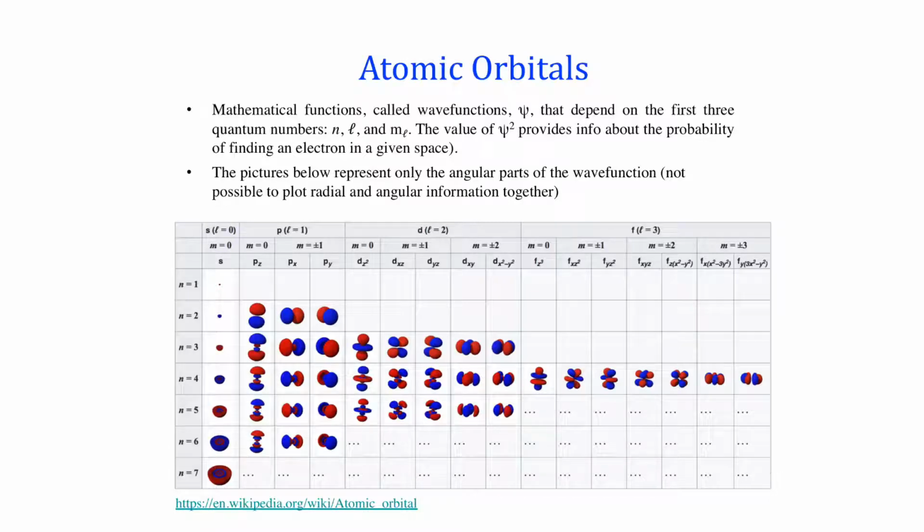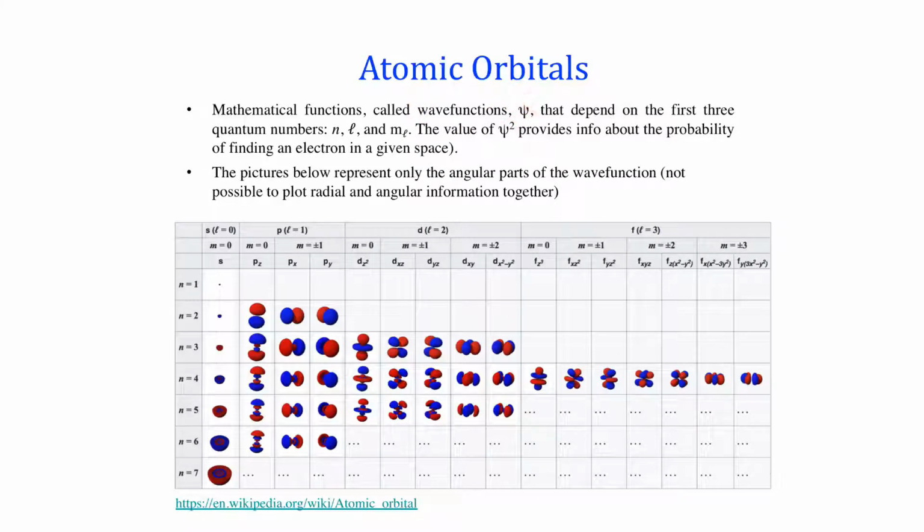So now that we are feeling familiar with the individual quantum numbers that we use to describe electrons in our atoms, we can use those quantum numbers, as we mentioned, to tell us something about the atomic orbitals. So remember, atomic orbitals are just mathematical functions. Specifically, we call them wave functions, and we give them that symbol psi.